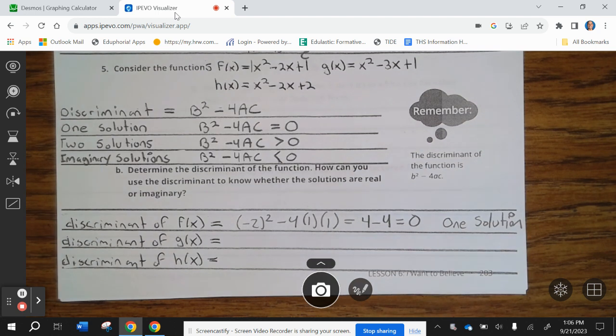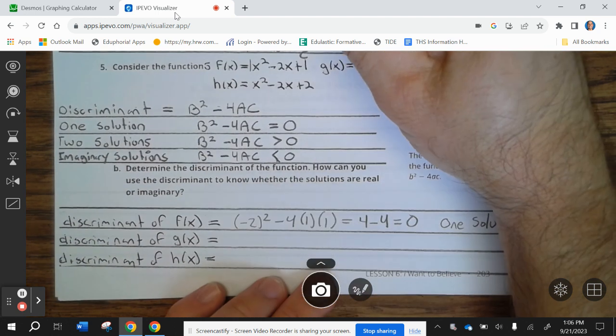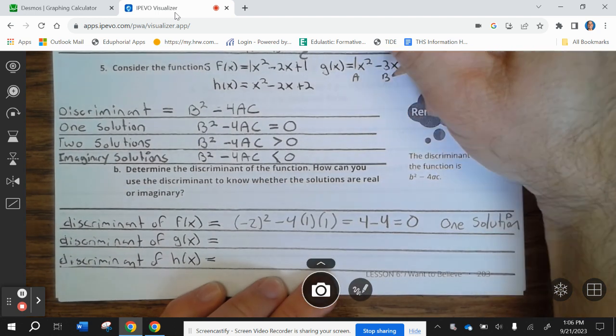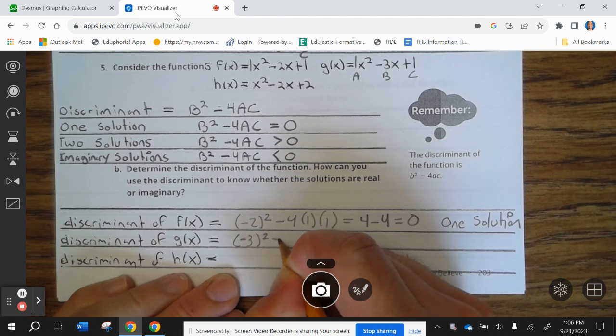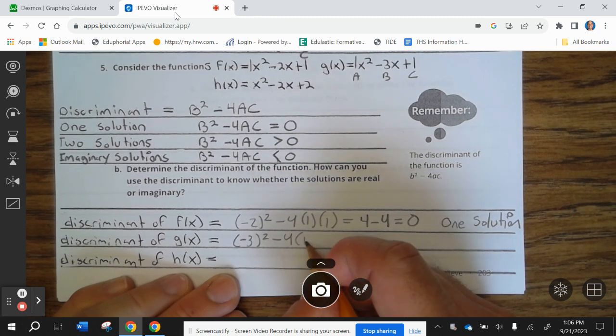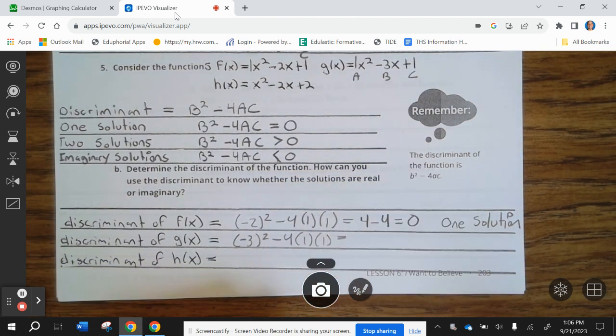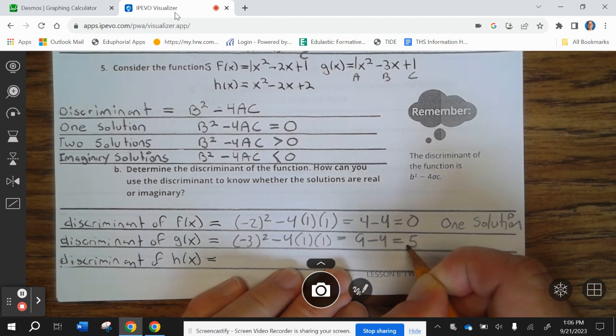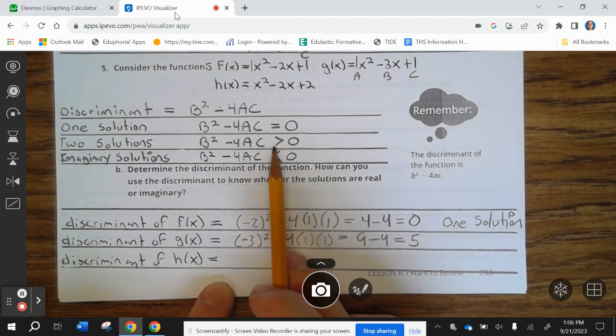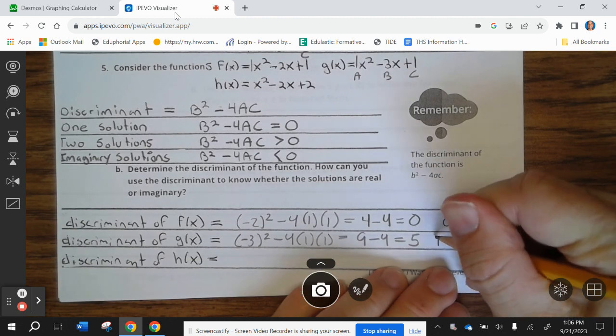Okay, now let's take a look at g of x. This is a, this is b, this is c. So negative 3 squared minus 4 times 1, which equals 9 minus 4, which equals 5. Well, 5 is greater than 0, so there's two solutions.